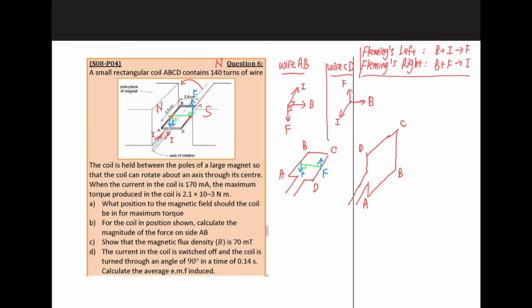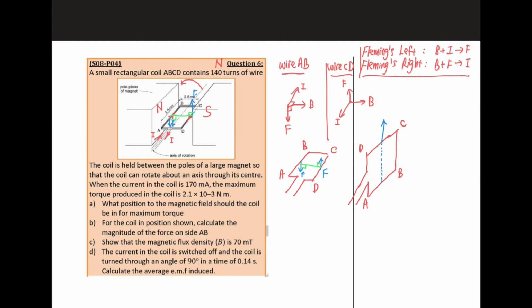Even when they are in between this and this, the force is still acting up. The coil keeps rotating in anti-clockwise direction, so the force keeps acting up all the way until here. The force is still acting up when it's vertical. I purposely draw a line here.